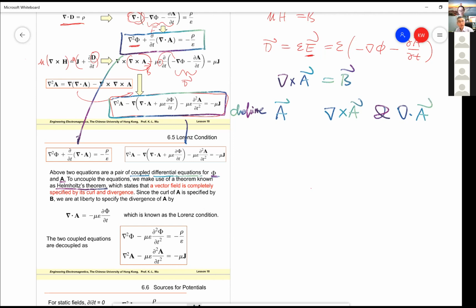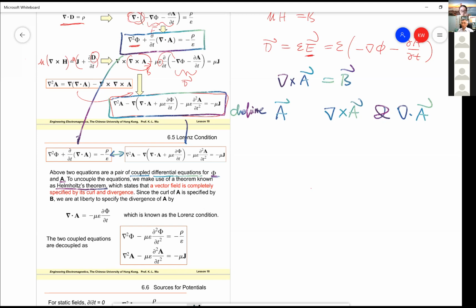We haven't defined the divergence yet. That's why we need another equation, to put a constraint on the behavior of vector A.